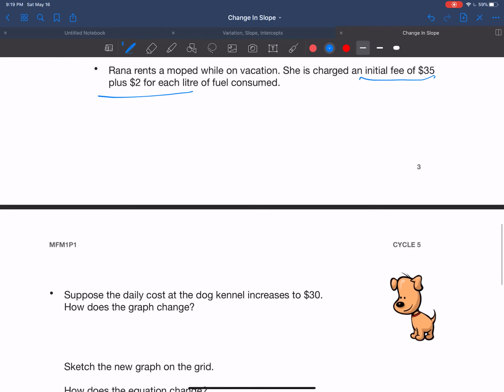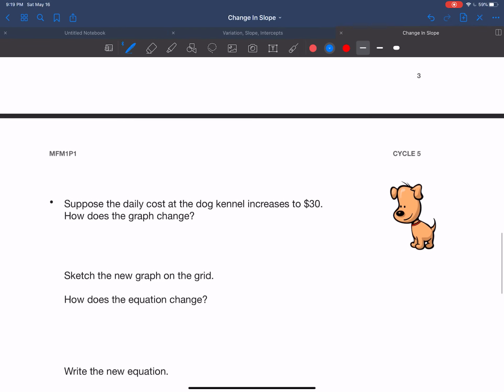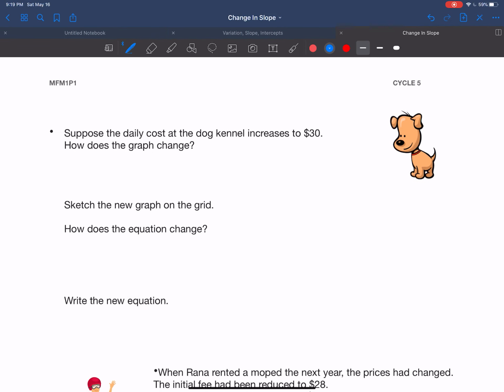But now let's look at what would happen if things changed. So suppose the daily cost of the dog kennel increases to $30. It used to be 28, now it's 30. So how does the graph change? We saw before in the car that if the speed increased, the graph got steeper.